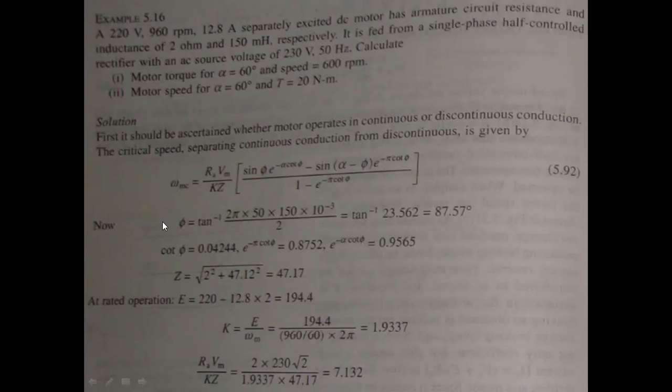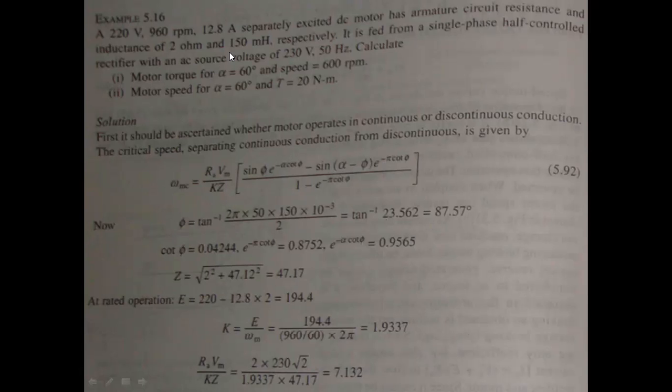From this phi we calculate cot phi to substitute in this. So cot phi is 0.04244, and e power minus pi cot phi is 0.8752, and e power minus alpha cot phi is 0.9565. Z we have to calculate, remaining all are given. Z is root of r square plus x square.